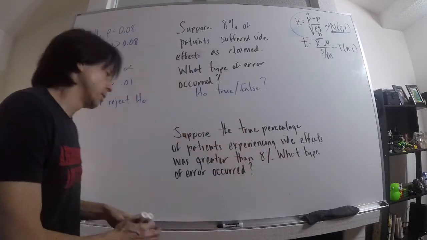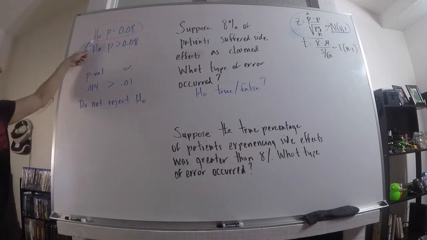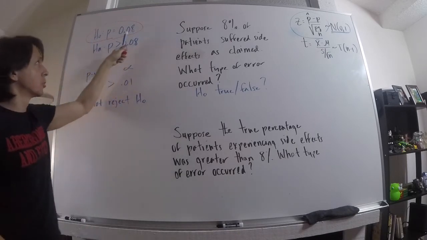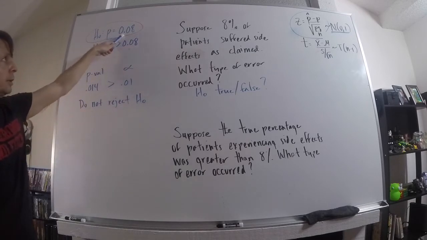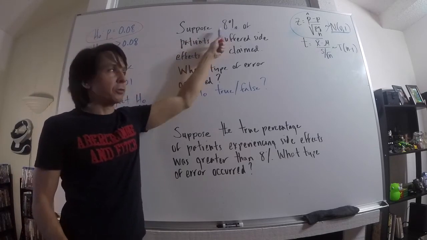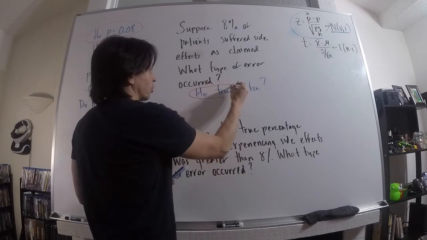That's why I wrote down the null right there. That's the company's claim. So is this hypothetical saying H0 is true or H0 is false? H0 is saying that there were 8% side effects. This is saying suppose that 8% was correct as claimed. This is saying H0 is true.